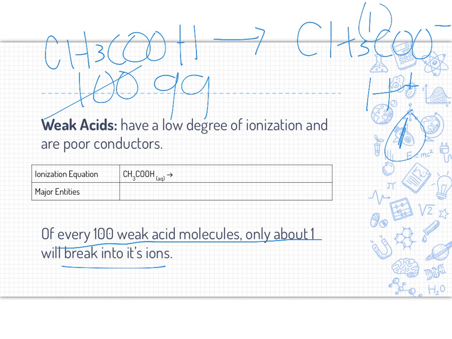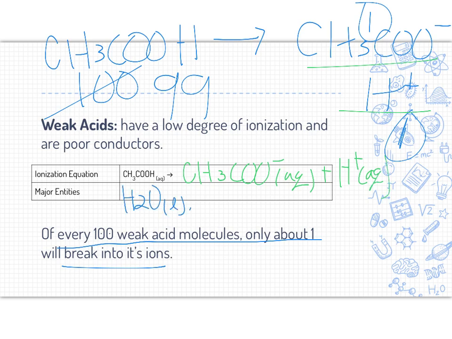Does it still ionize? Yes. So we are going to write an ionization equation for it, because we can write it as ions. However, if I zoom in on the solution and look for what is there, water's obviously there. And the major entity, what is there in the greatest quantity, is this acid still stuck together.